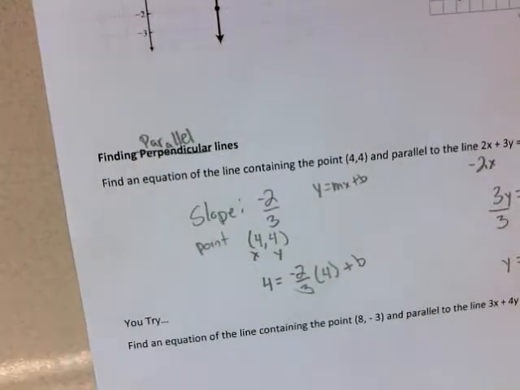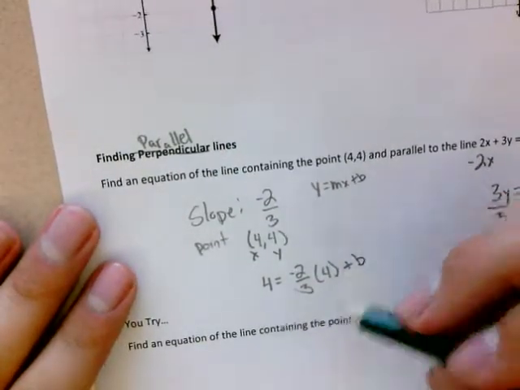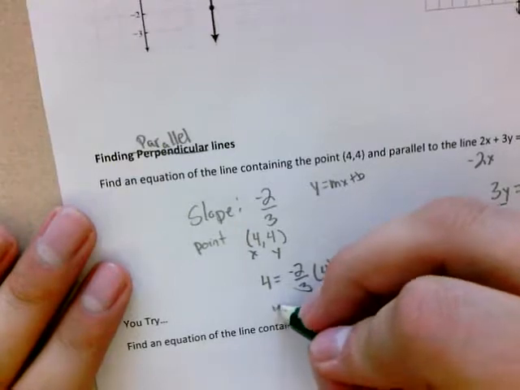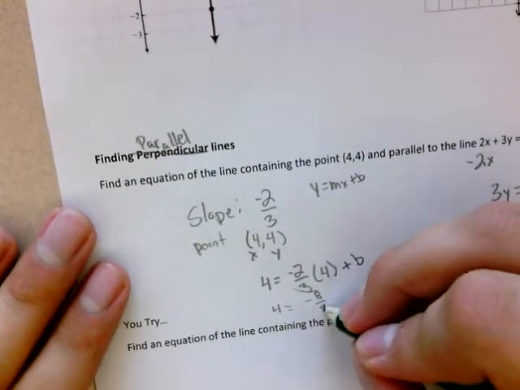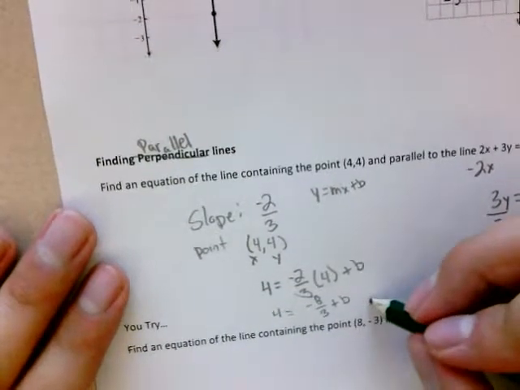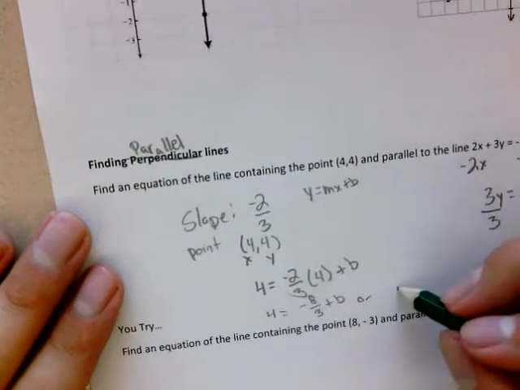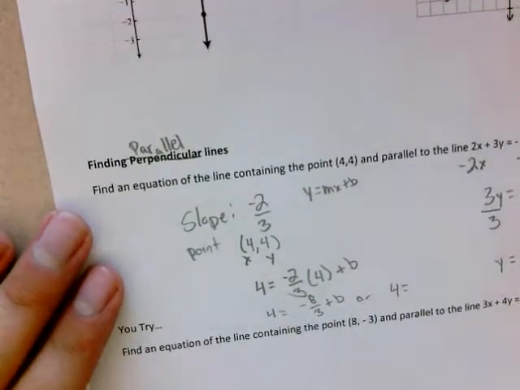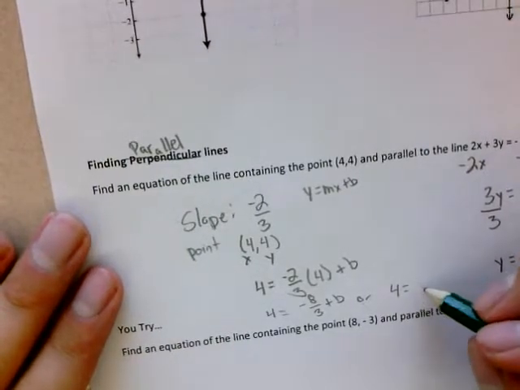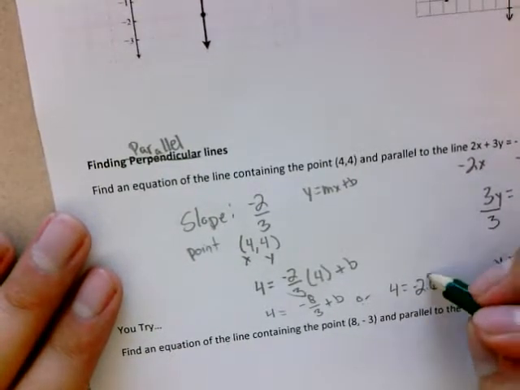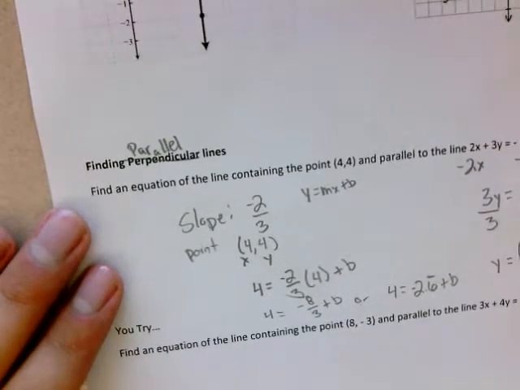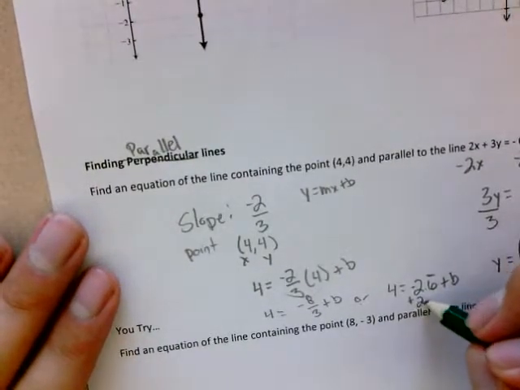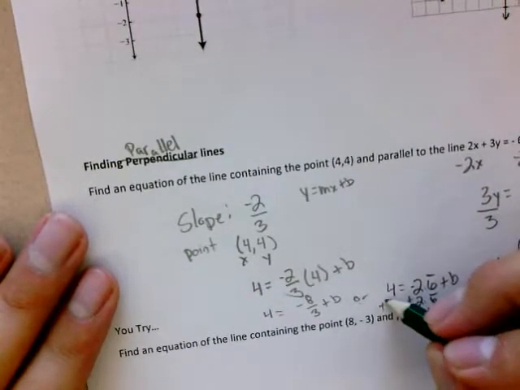Alright, now let's multiply this out. You put this in your calculator, you'll get 4 equals negative 8/3 plus b, or what you can actually see when it comes out of your calculator, 4 equals negative 2.6 repeating plus b. The only way to get rid of this 2.6 is to add 2.6 to both sides.